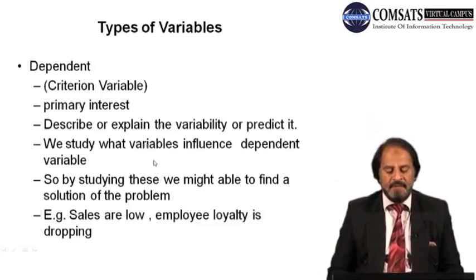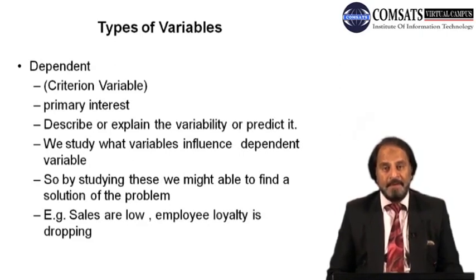So by studying these, we might be able to find the solution to the problems, because while we're saying that sales is being influenced by these different factors, what we are trying to find out is the solutions for low sales.